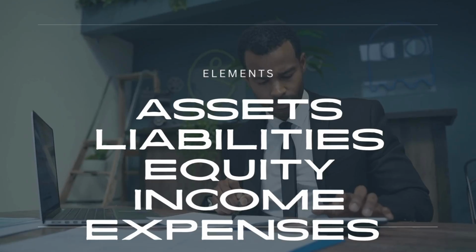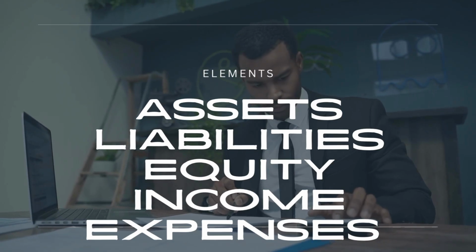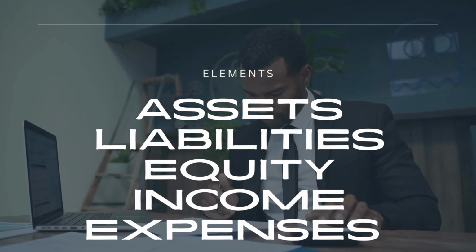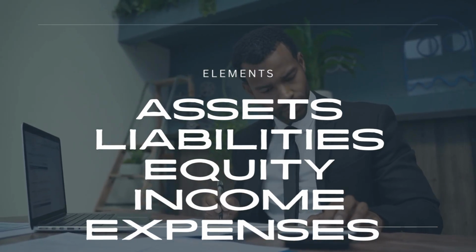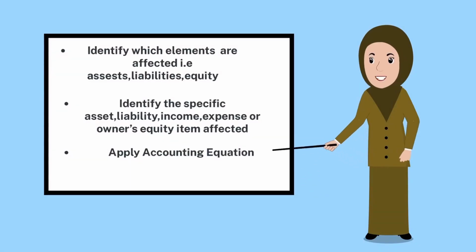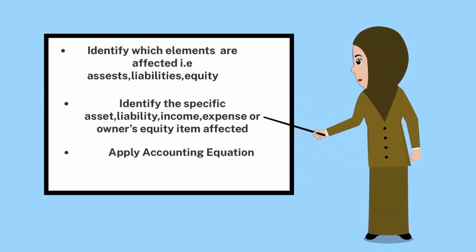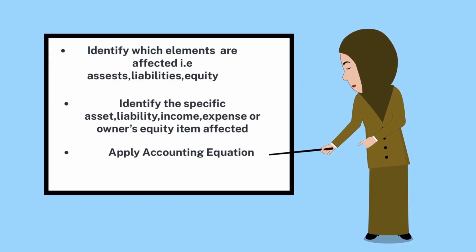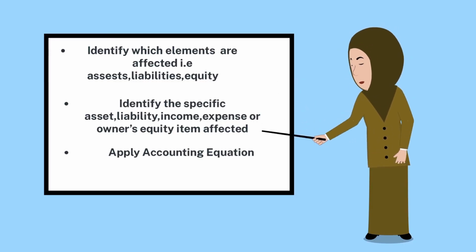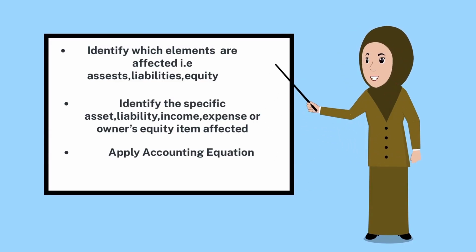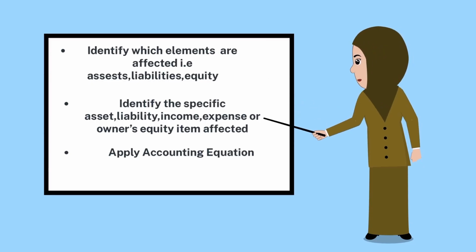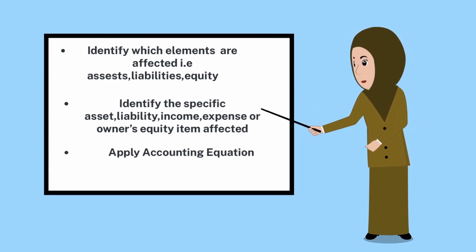Now, to analyze the transactions, you analyze the relevant accounts associated with the transactions. These accounts can be assets, liabilities, equity, income, and expenses. You should identify which elements of the financial statements are affected. Identify the specific asset, liability, income, expense, or owner's equity item affected.